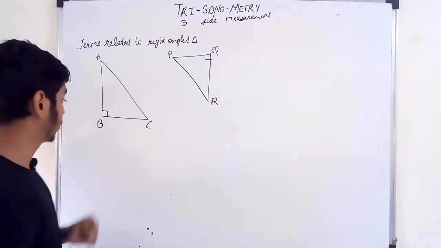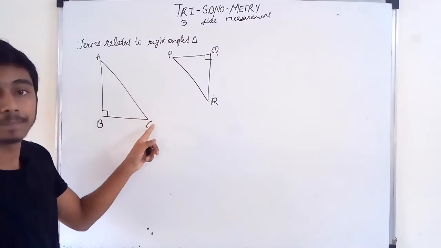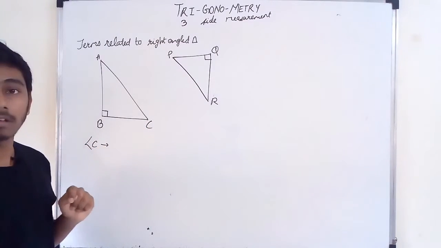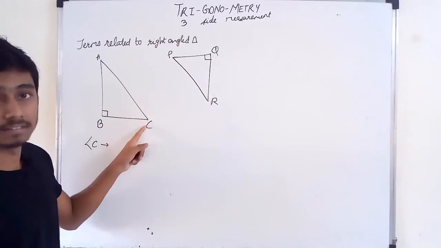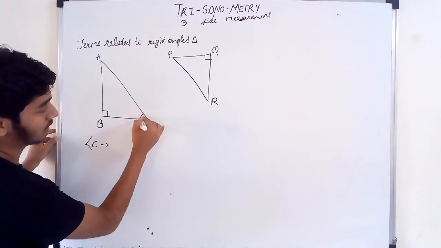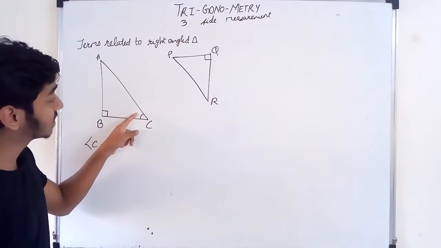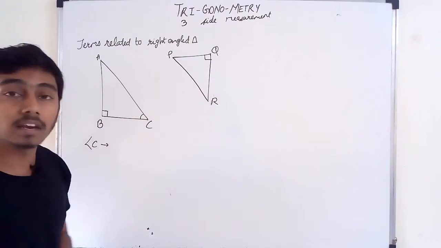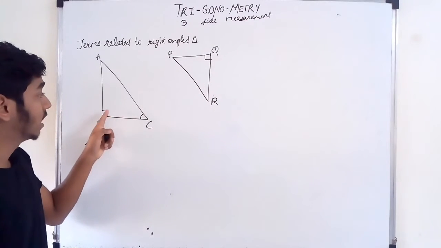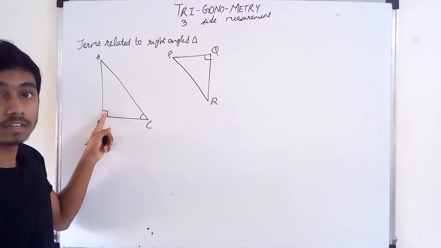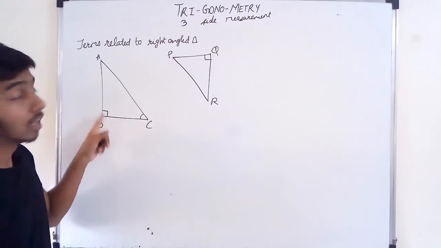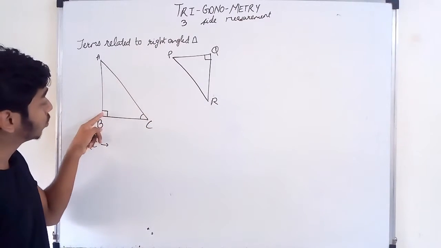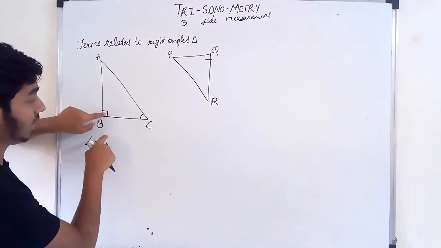Now for example, if I talk about angle C, this is angle C, correct? Now what is the side which is opposite to angle C? As we discussed in hypotenuse, if angle B is 90 degrees, then this is the hypotenuse, meaning the side opposite to 90 degrees, correct?